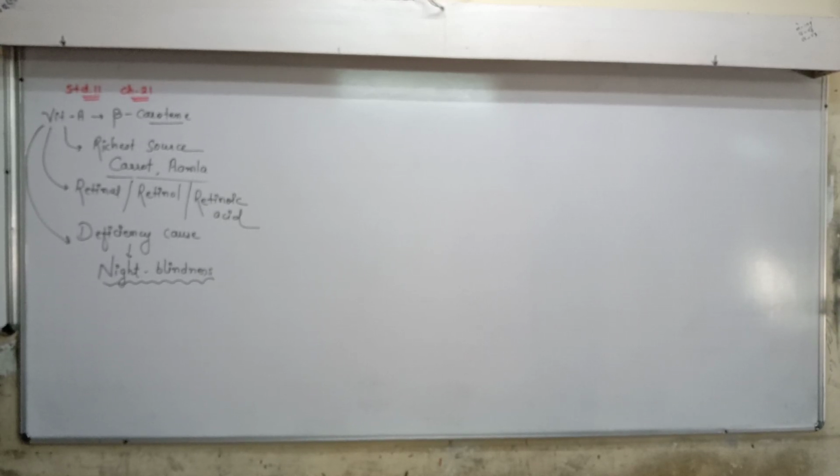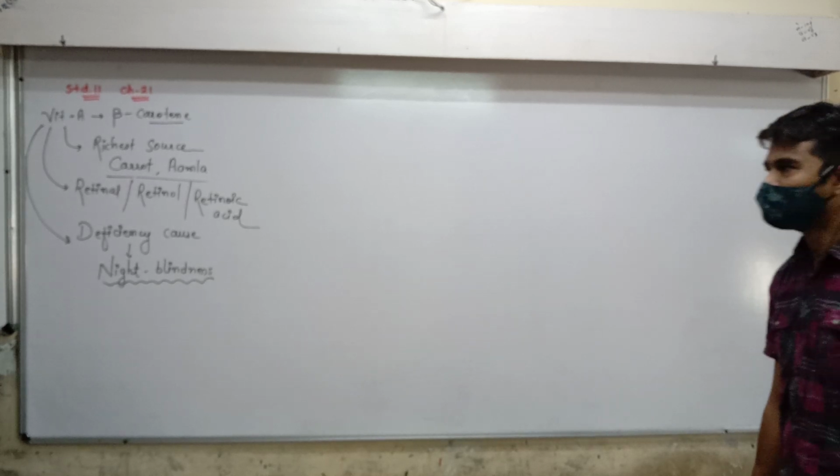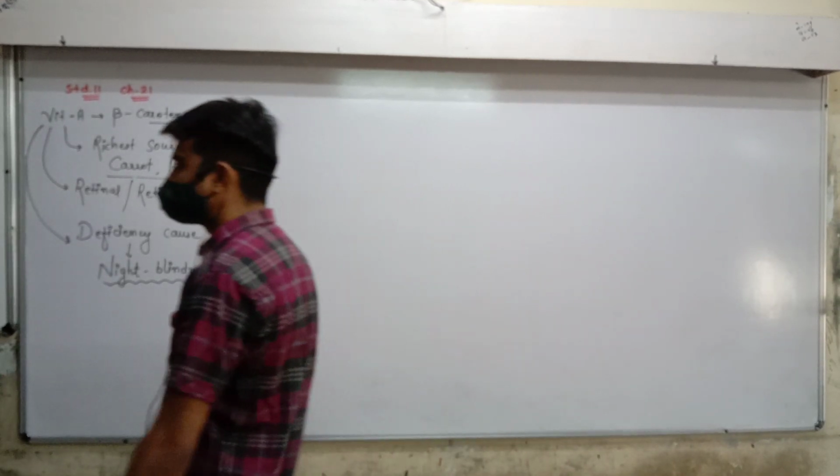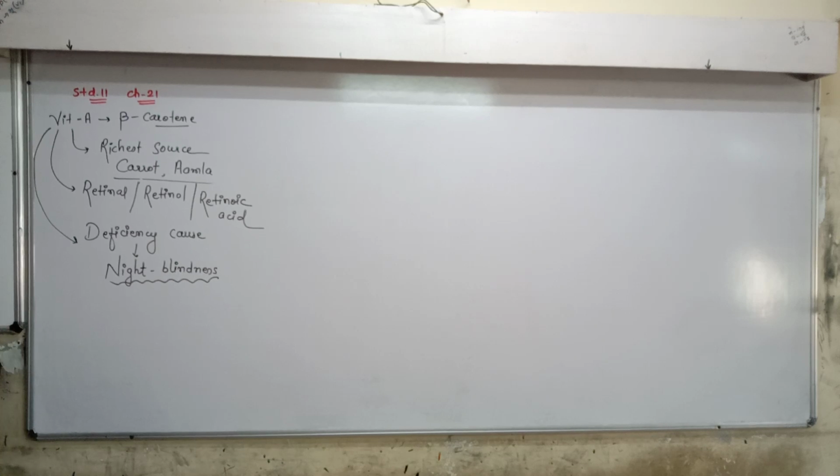The person is unable to see in the dark due to deficiency of vitamin A. Okay, now we will discuss the cone cells.